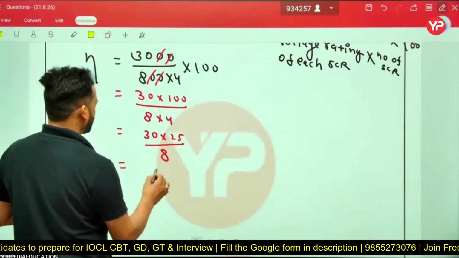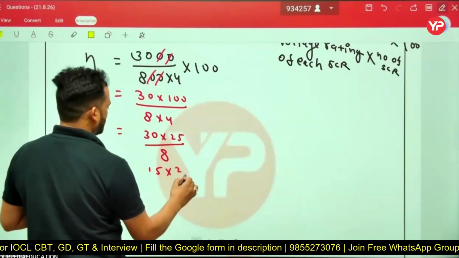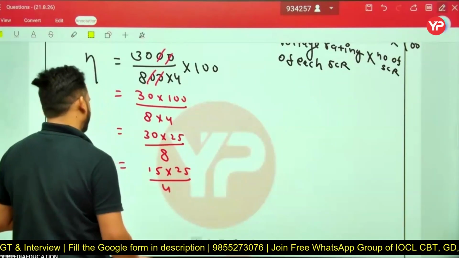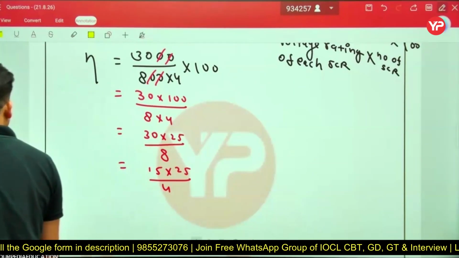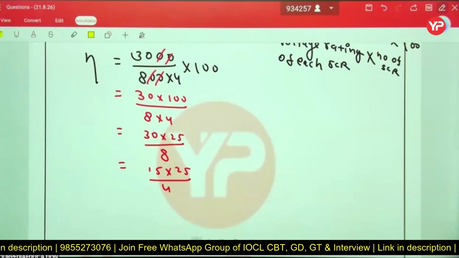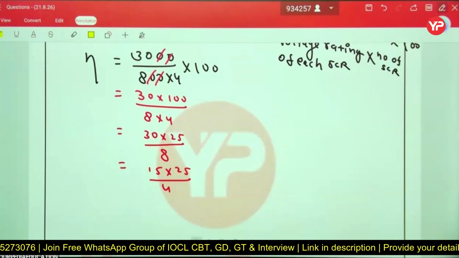What is 30 into 25 into 4? What is the multiplication of this? Tell me, what is the multiplication? This is the string efficiency.